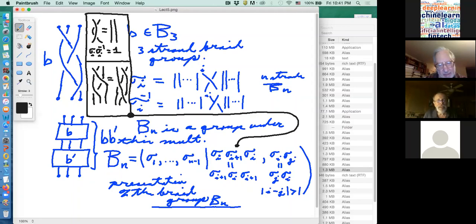The braid group was first defined by Emil Artin, and you might be interested to look in the Wikipedia and find out about the history of that and what he did with it. But it's been around for a long time and is very important for knot theory because it gives us a group structure on the topology itself. And there is an excellent theorem due to Alexander, which I'd better tell you about on the next slide.